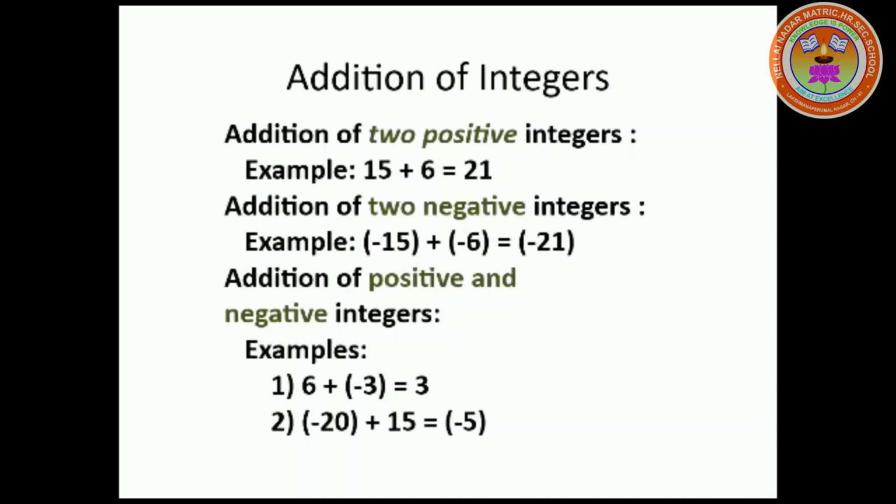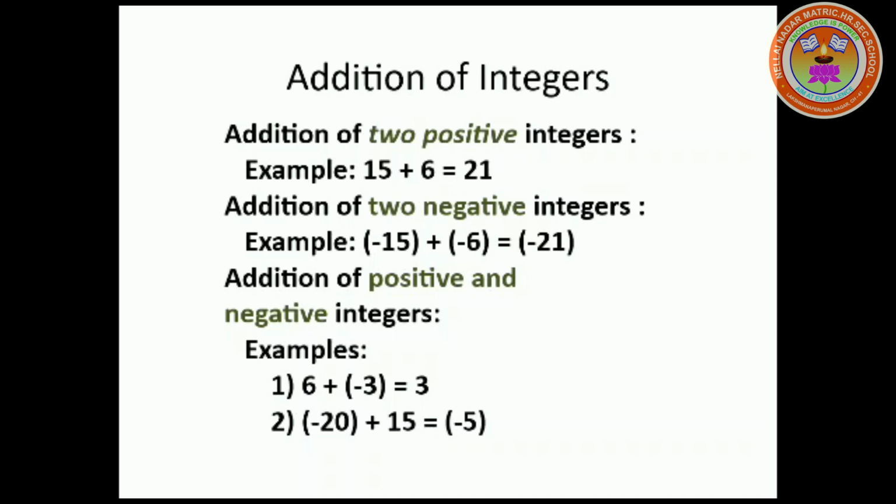Here the greatest number is 6 and the symbol for the greatest number is plus. So you have to subtract the numbers and put the symbol of the greatest number. When I subtract 3 from 6, the answer is 3 and the symbol for the greatest number is plus. So the symbol in the answer is also plus.